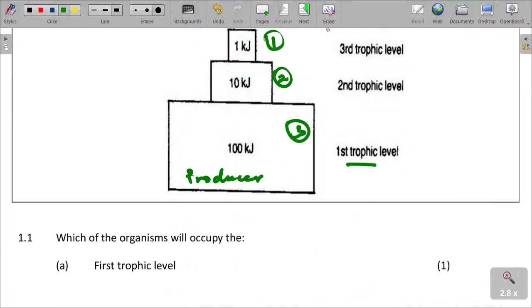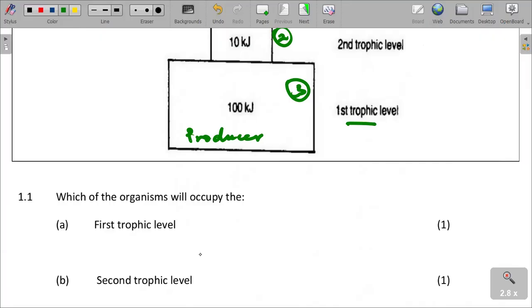So grass is forming the first trophic level. Which organism? It is grass. So grass is correct, and then we get our 1 mark there.